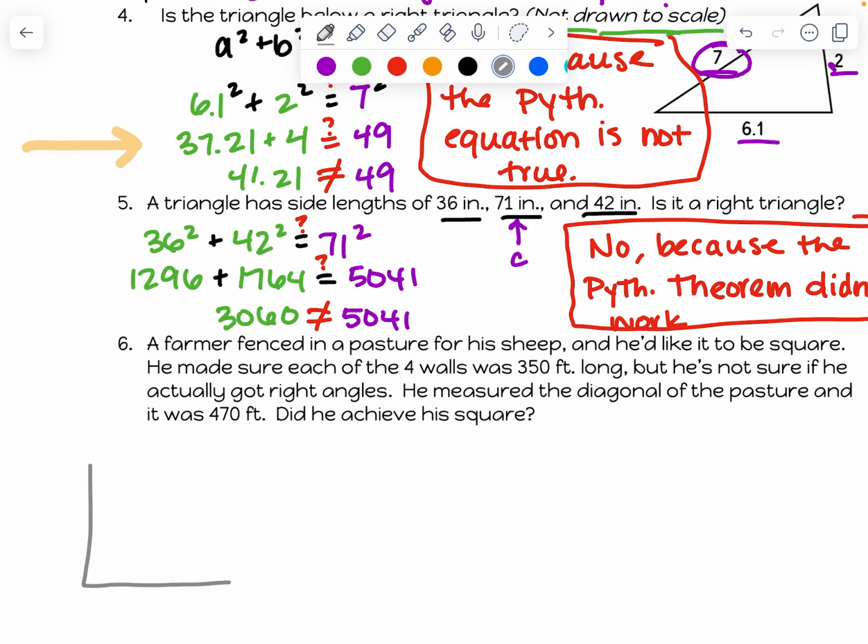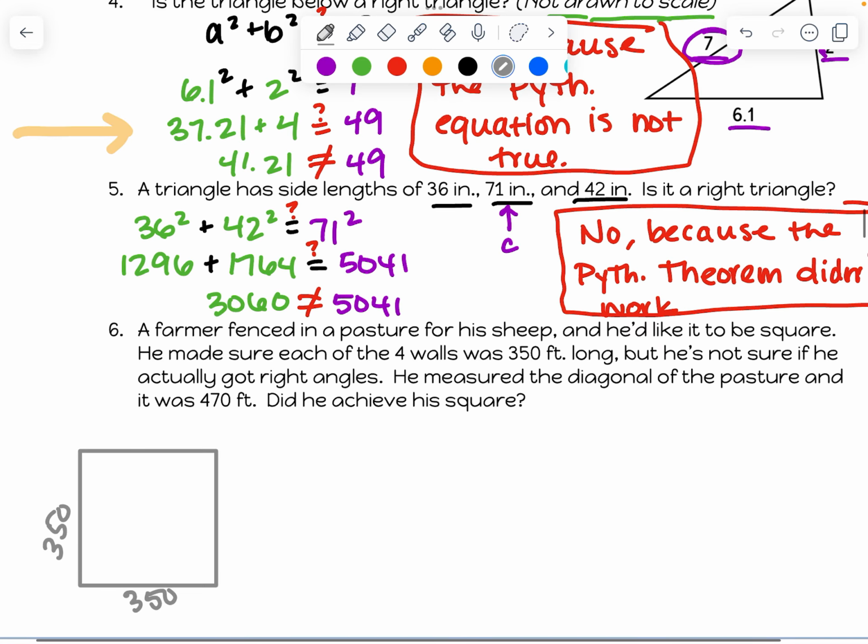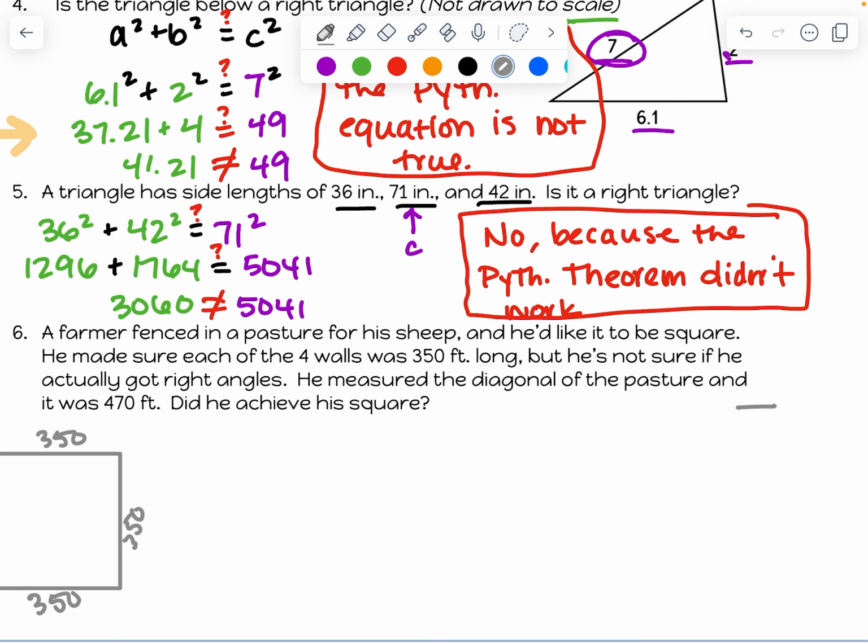So we've got this fence. He's hoping it's a square. We've got 350 on all the sides, right? And where he gets into potential trouble is that it's possible to have all these sides be the same but have it slanted.